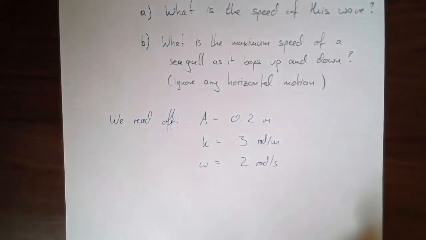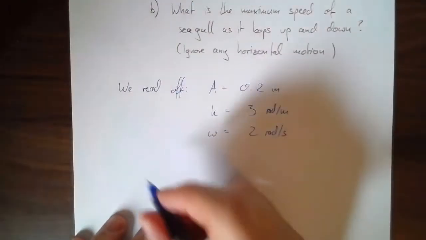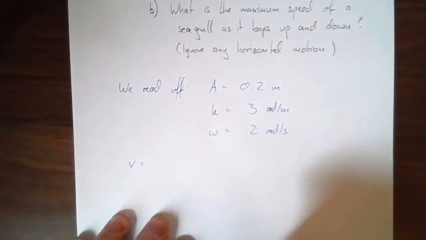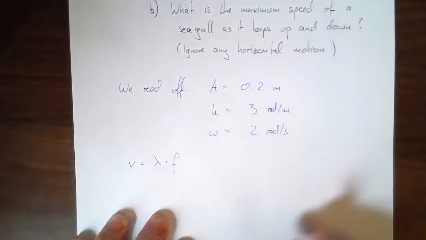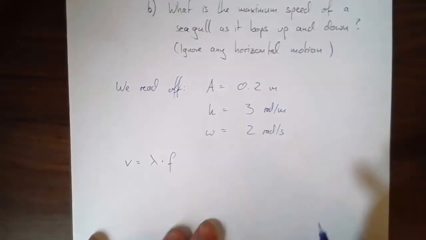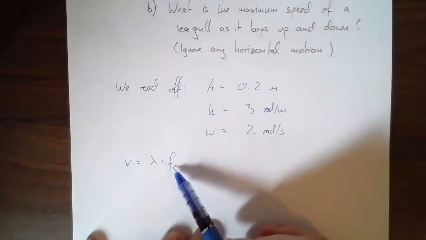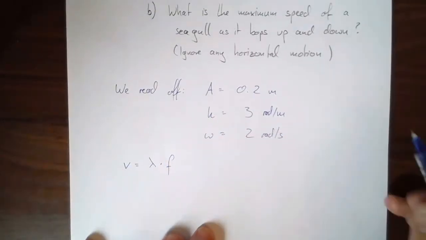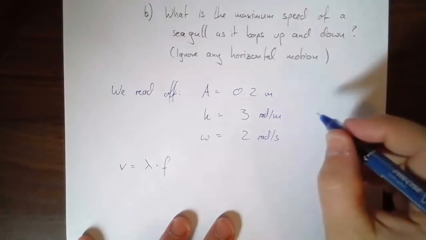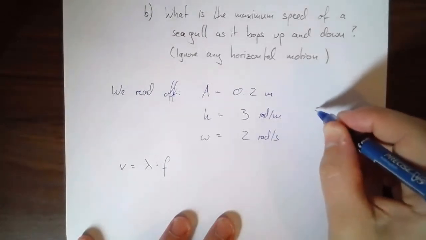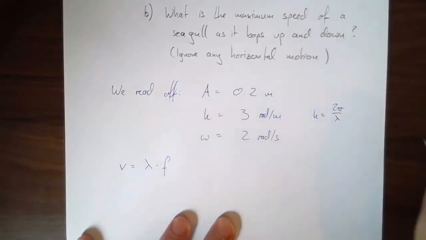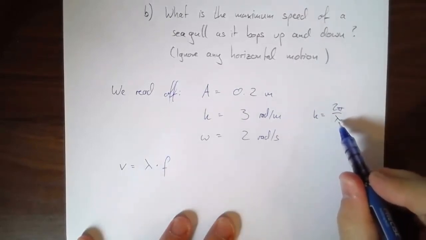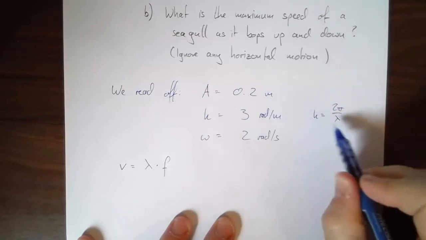So I want to find the speed. Well, what do I know about the speed? I know v, speed, is lambda times f. But I don't have lambda and I don't have f, but I have k and omega. Well, I know that k is 2 pi over lambda. So that means lambda is 2 pi over k.